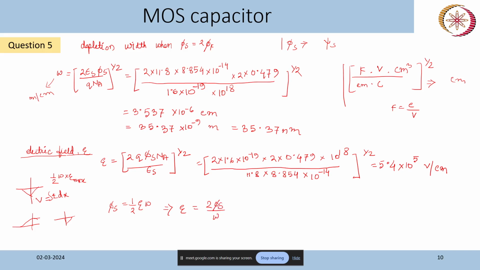And we already calculated these two parameters, which is 2 into 0.479, and W we have calculated as this. Let me write in terms of centimeter. Okay, let's see if we get the same answer or not.